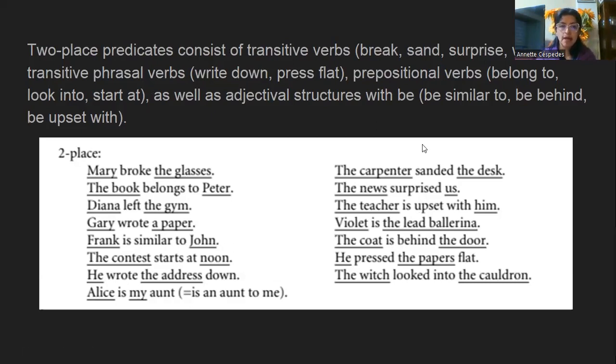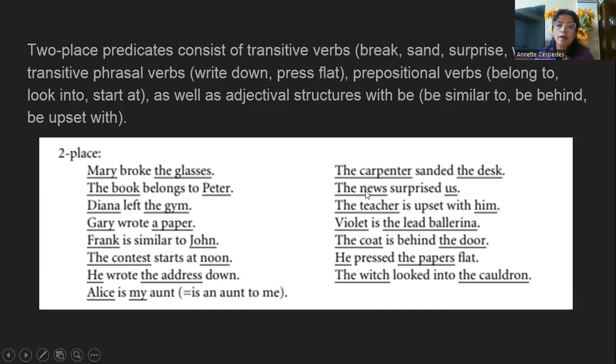Mary broke the glasses. The book belongs to Peter. Diana left the gym. Gary brought the paper. Frank is similar to John. The contest started at noon. He brought the addresses down. Alice is my aunt.